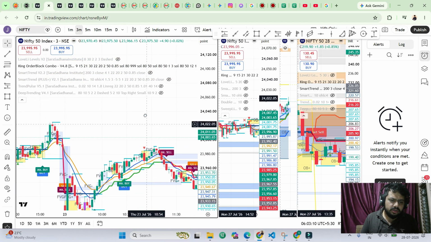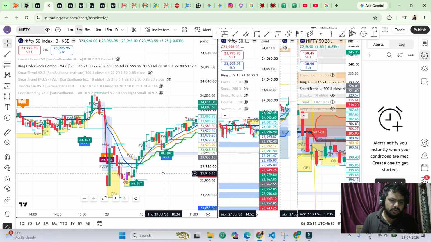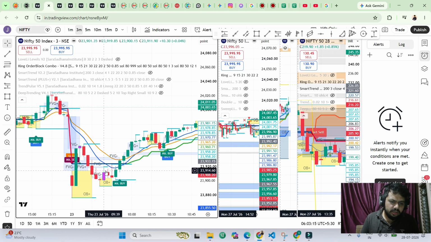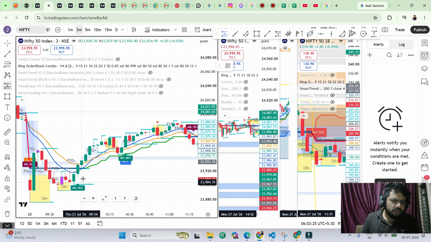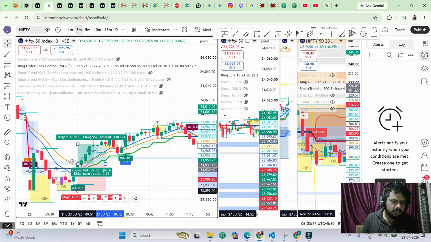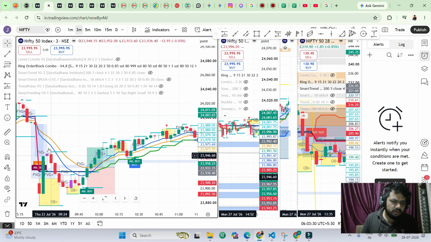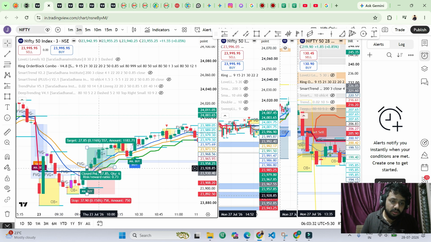But what I'm saying is, you will definitely see how nicely the order block got created and came down here. They got rejected. Mitigation buy. Okay, 1:2. Here also another order block is there. This also got rejected. So you will be having a double confirmation here.